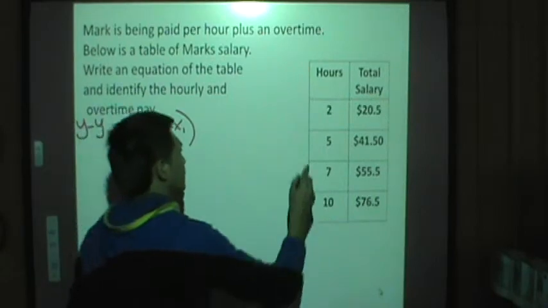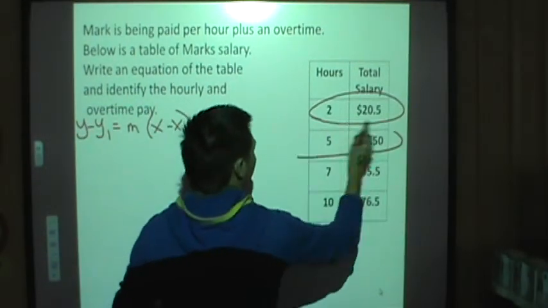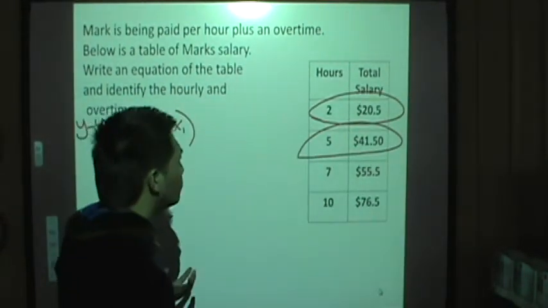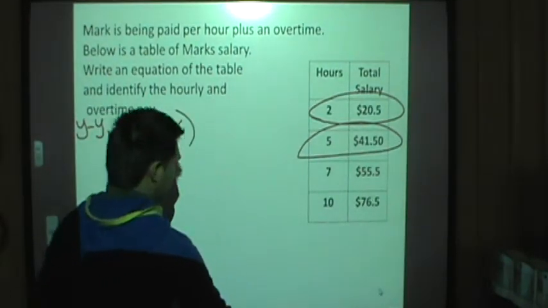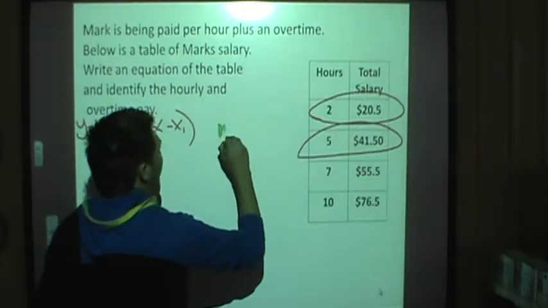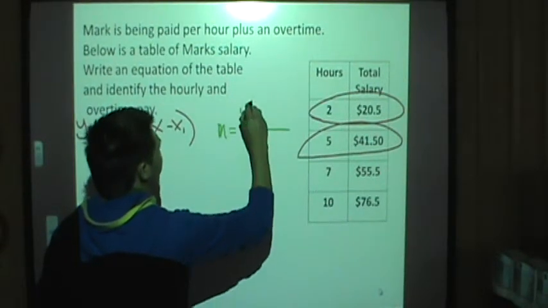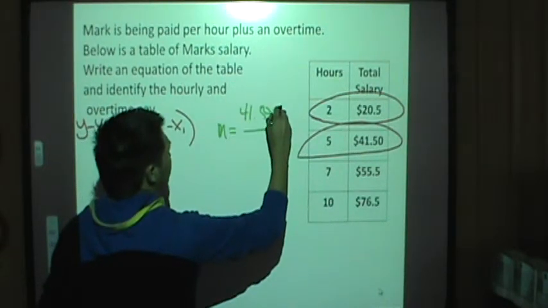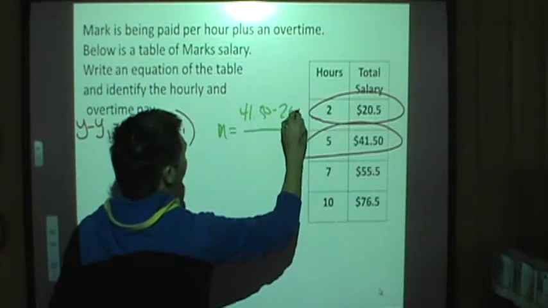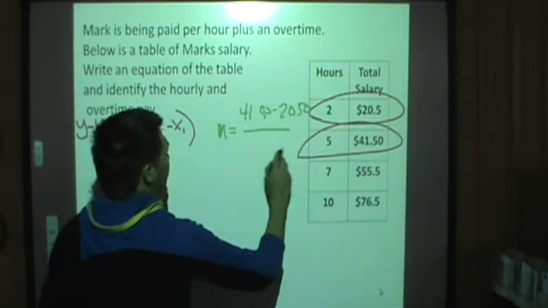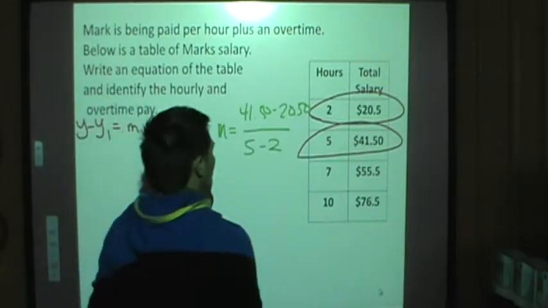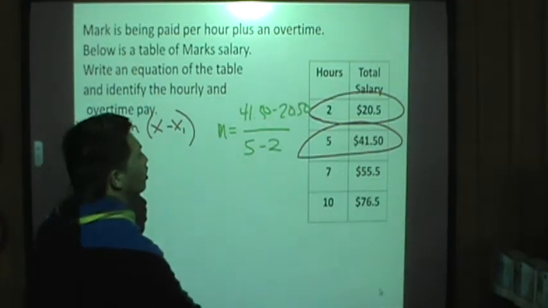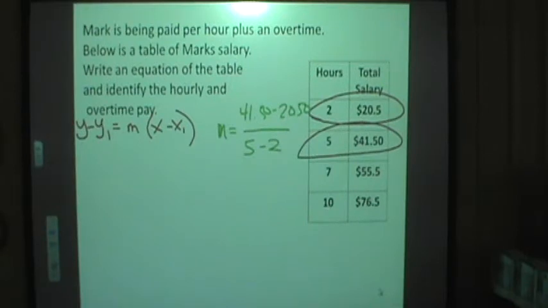So remember last time, if you want, you can use those two. And remember the slope is y2 minus y1, so 41.50 minus 20.50 divided over 5 minus 2. Go ahead, find the slope, please.